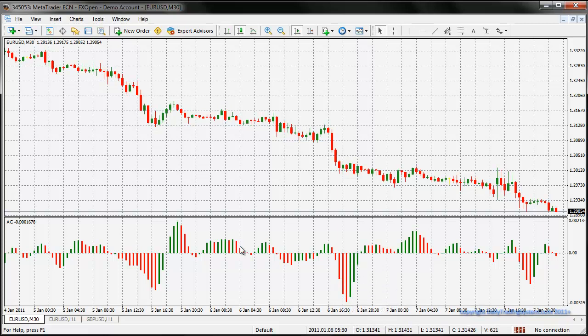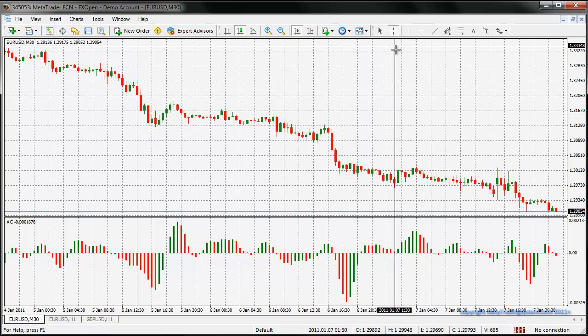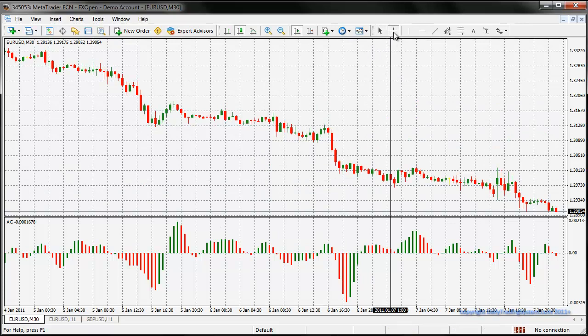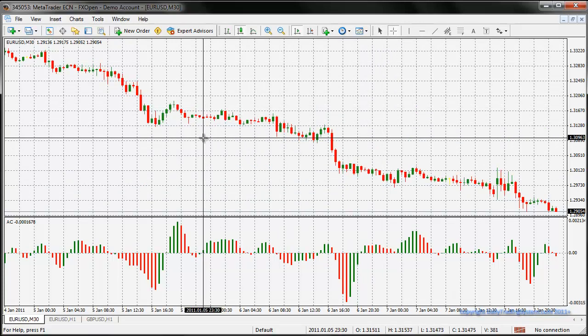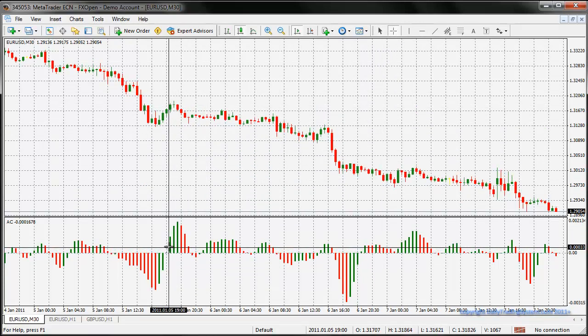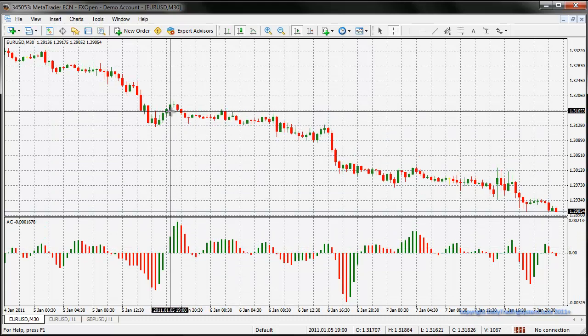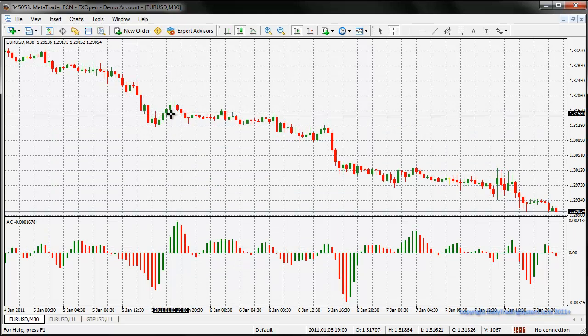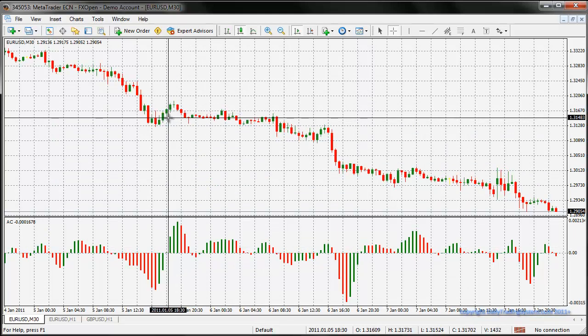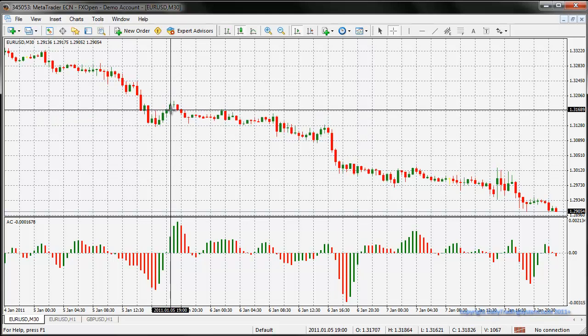Alright, now this is okay to a degree, but you really need to filter these strategies to the point where you can take out any possible losses. And let's give you an example. I've just got my crosshair tool out and I'm going to line up where the green bar is, and this is where it's essentially going to say you're going to have to get in around about here.